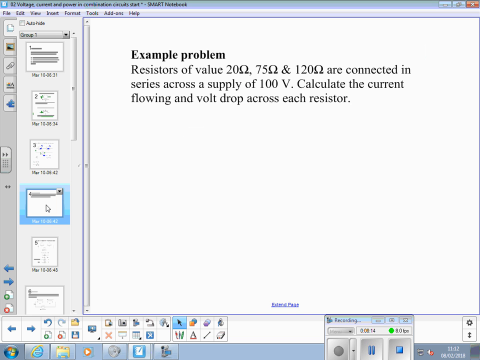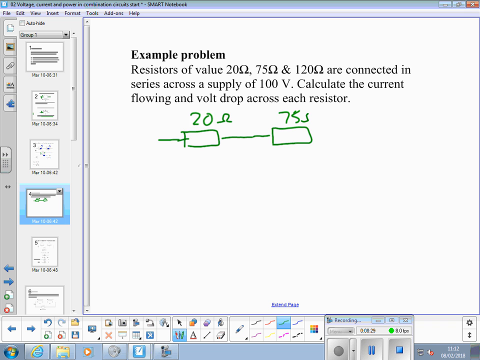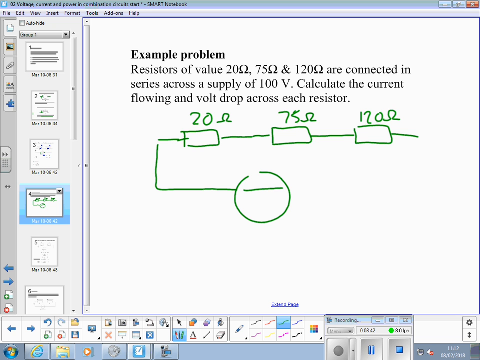So, example problem: resistors of value 20 ohms, and 120 ohms, with a supply of 100 volts. Calculate the current flowing.